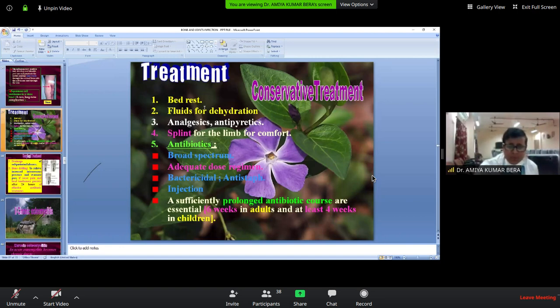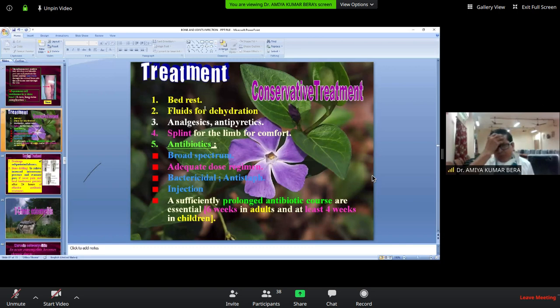So there are proponents of narrow spectrum antibiotics to which Staph aureus is susceptible, like flucloxacillin. The logic behind this is that broad spectrum may unnecessarily promote antibacterial resistance. Therefore, narrow spectrum antibiotics are also proposed by some.